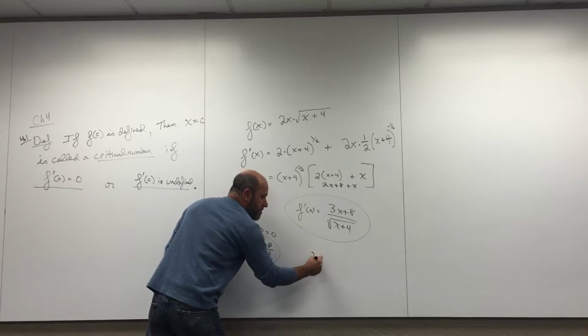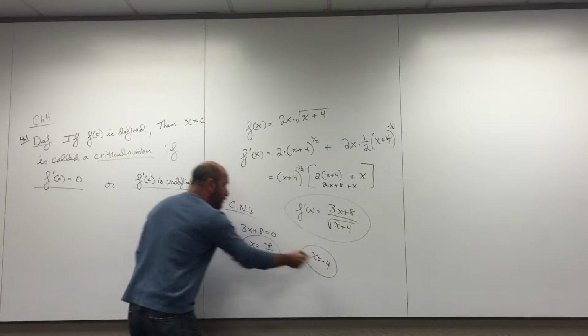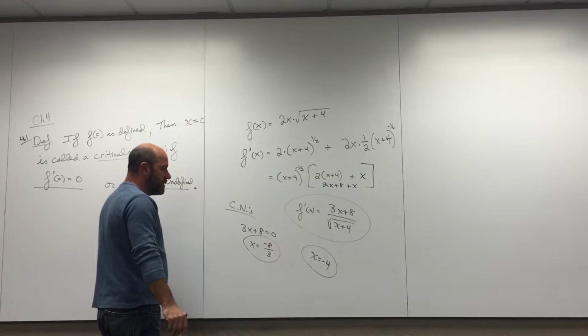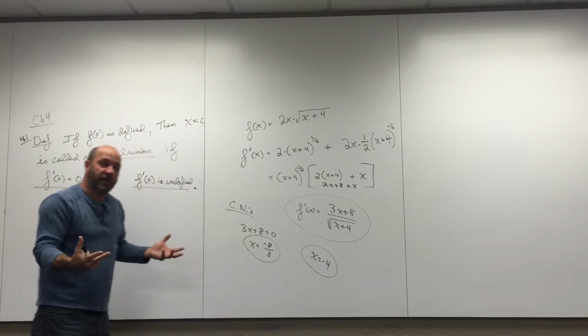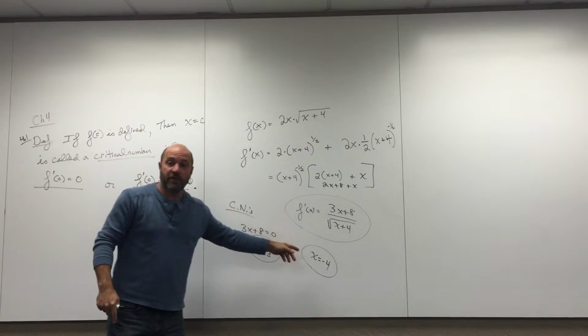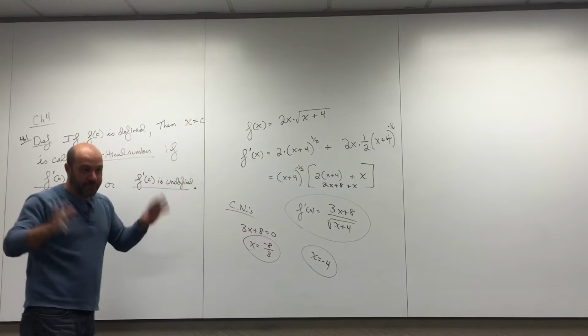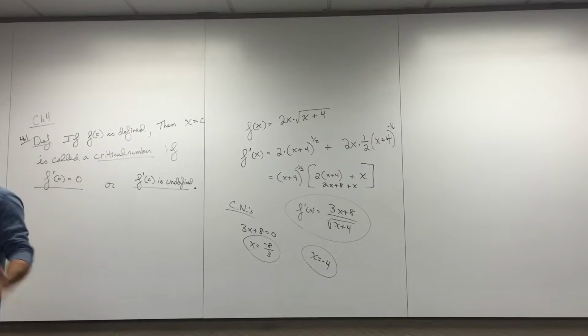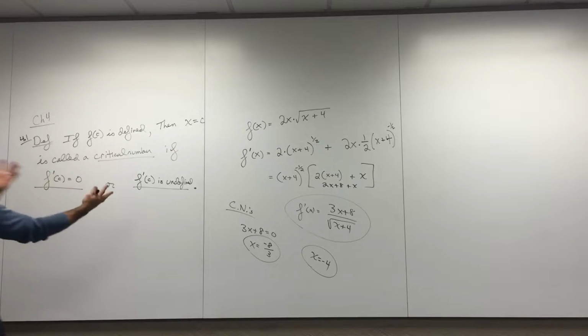Good. These are two critical numbers. They're kind of different kinds of critical numbers. One of them makes my derivative 0. The other one makes my derivative undefined. They're both critical numbers, but they come from the two aspects of this definition.